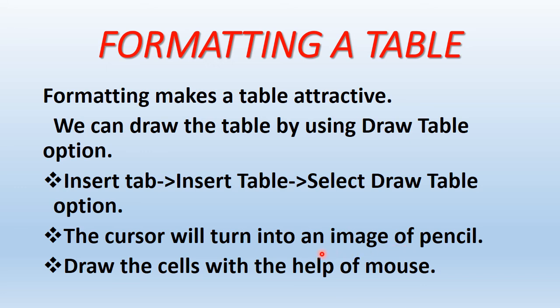Generally, what is the sign of the cursor? An arrow-like sign, but here it will change into an image. So like with a pencil, how you draw on paper, in the same way you can draw the cells with the help of the mouse, with the help of that pencil.